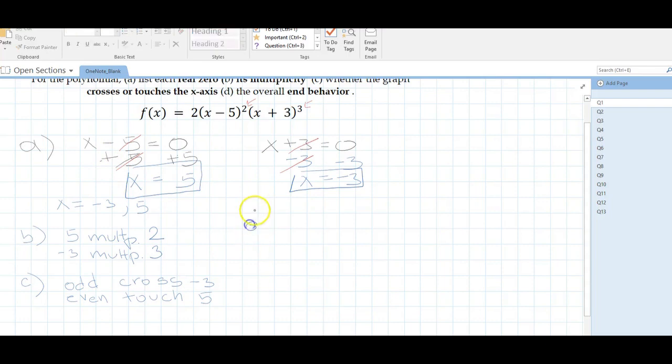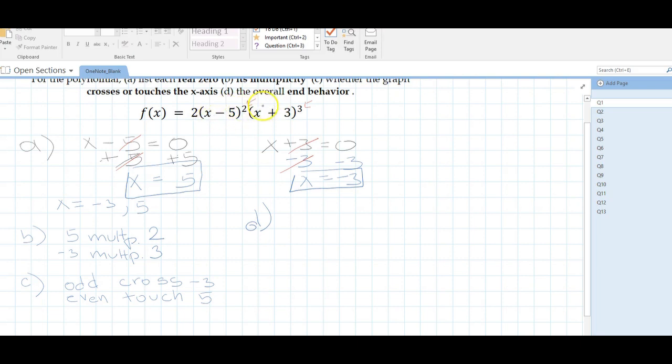For the overall end behavior, we get it from the exponents. If we have 3 here, that means we have x cubed, and here we have 2. When we multiply variables, we add exponents.